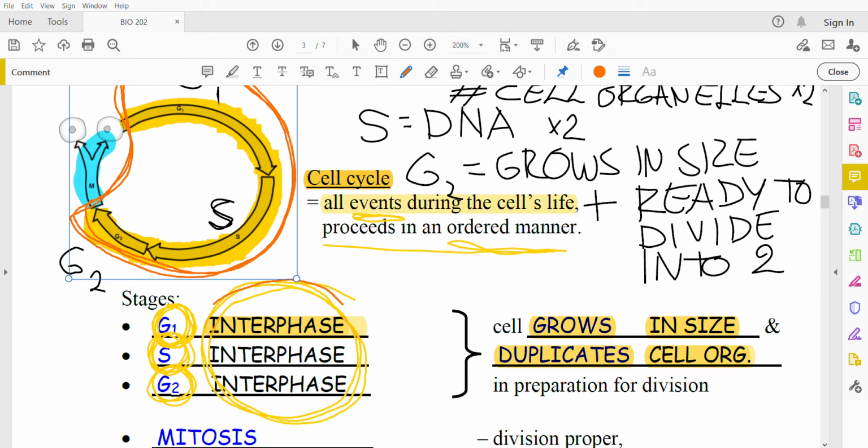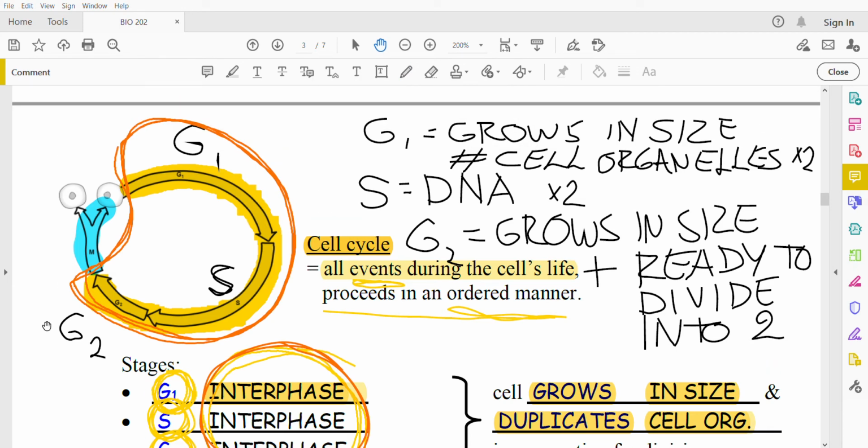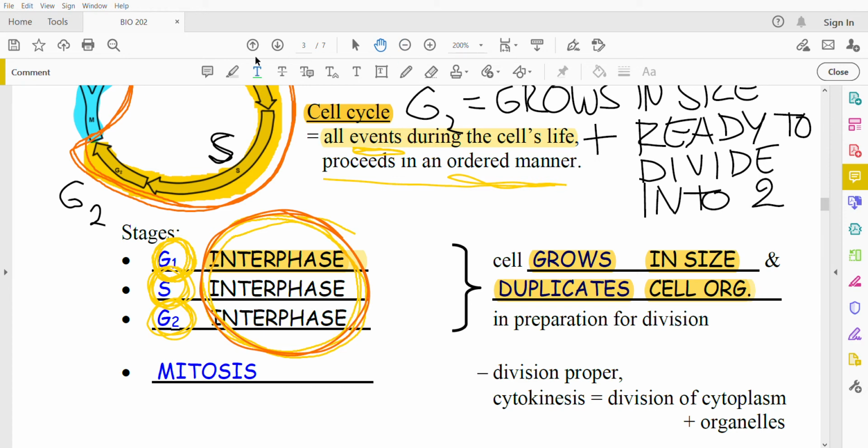And for the exam, I would know what happens within each G1, S, and G2 interphase. You have a nice note there that we wrote together while we reviewed this, so you should be well set for that. Well, we have also one more part of the cell cycle to look at.